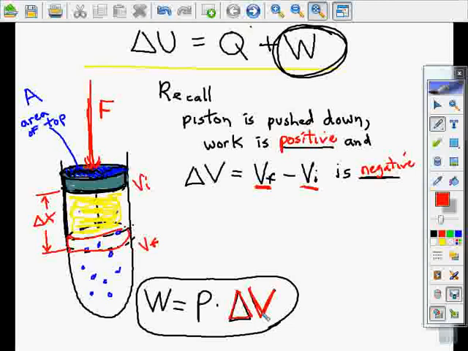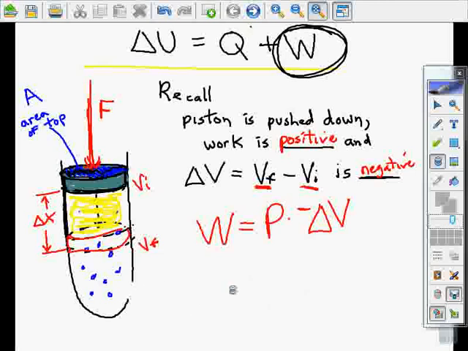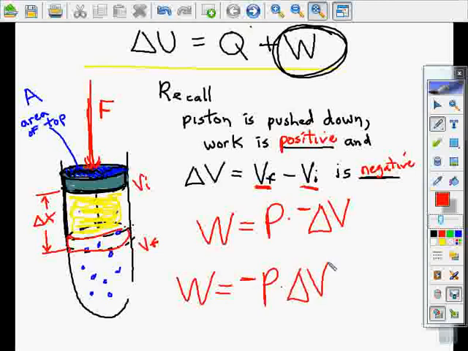So basically, the formula has to become W equals P times negative delta V. But most people just end up putting the negative out front, and it becomes W equals negative P times delta V. So this is the new look of our work formula.